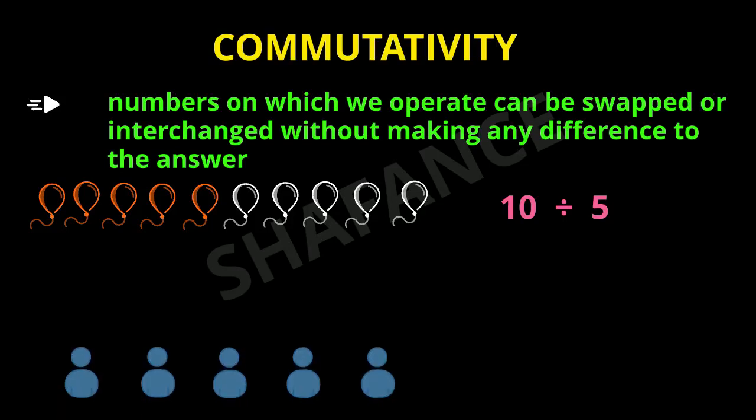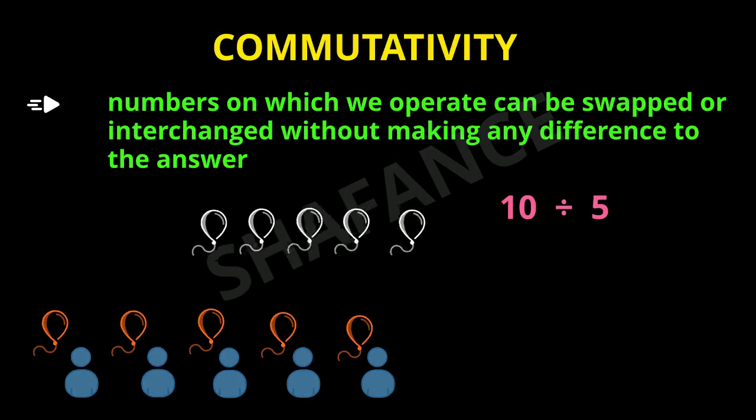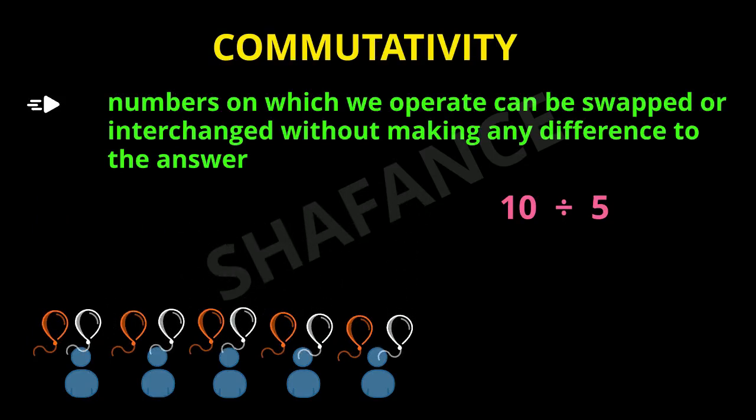When we start dividing, as a result, each person gets 2 balloons. So the answer is 2 for this operation, 10 divided by 5. Each one is getting 2.